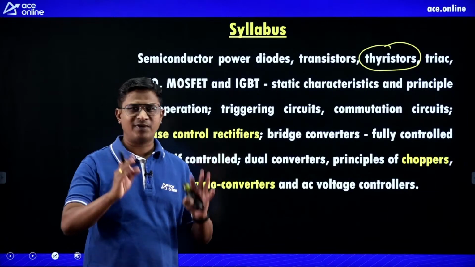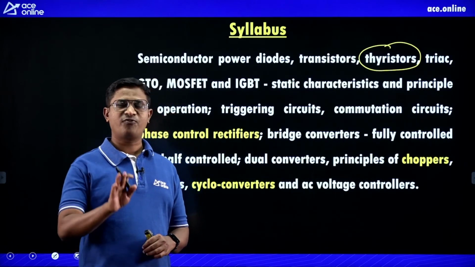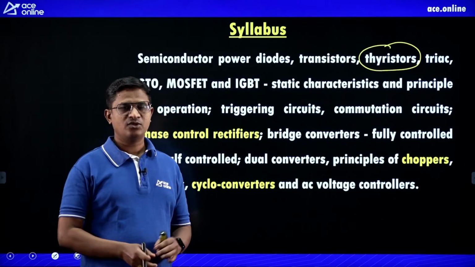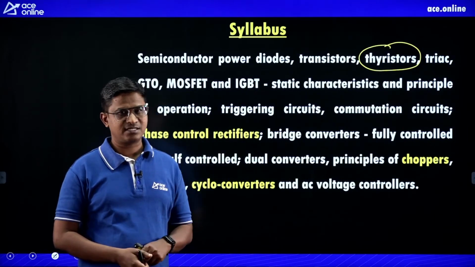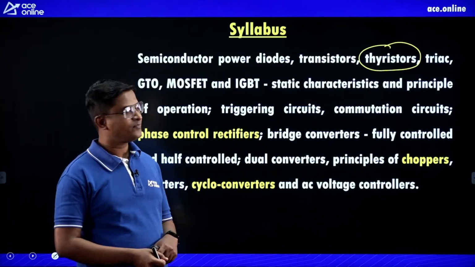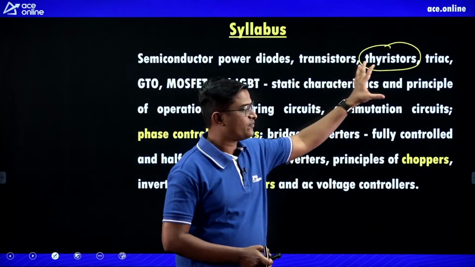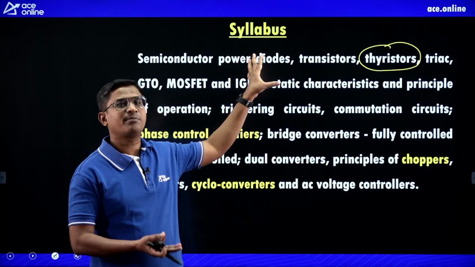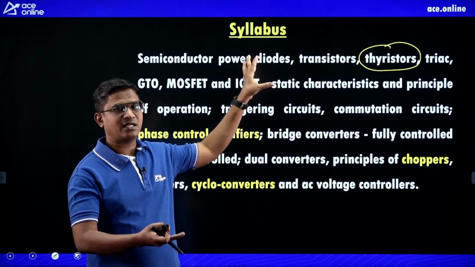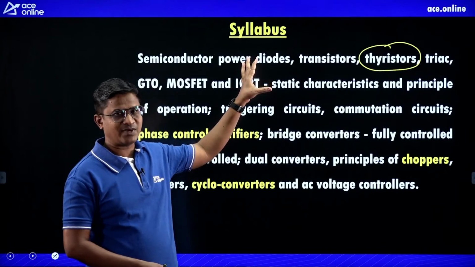Thyristor is a family of devices consisting of 4 layers and 3 junctions, and in that family the most popular member is the SCR, silicon controlled rectifier. Apart from the SCR, you have the study of the power diode. Power diode is a basic building block. Diodes are 2 layer and 1 junction devices.